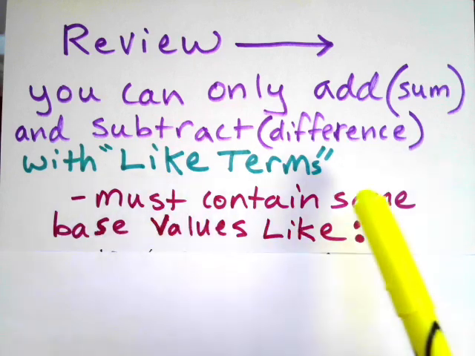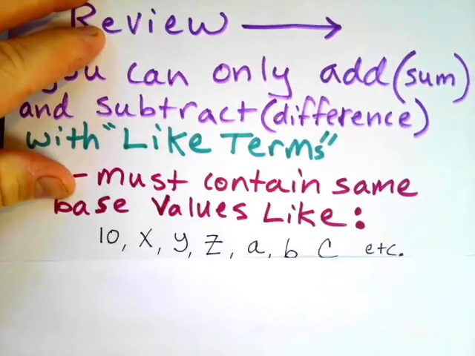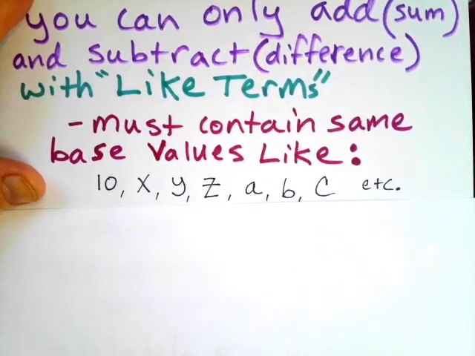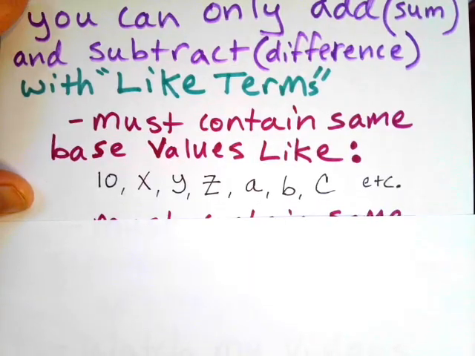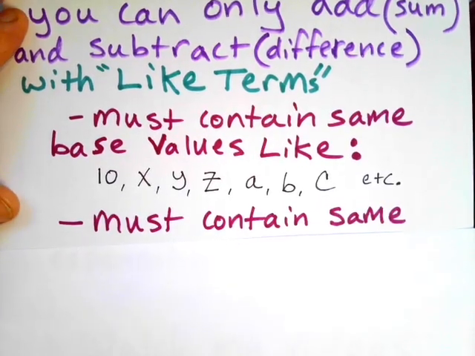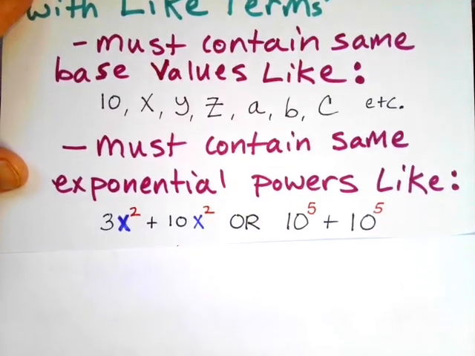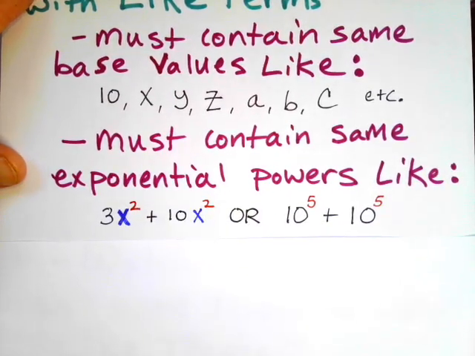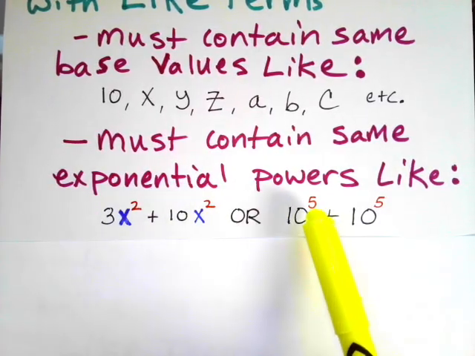That means they must contain the same base value. Examples of base: 10, x, y, z, a, b, c, etc. Those are examples of bases. And to be like terms, they must contain the same exponential power. Some examples of exponential powers are here: the 2, the 2, the 5, the 5.